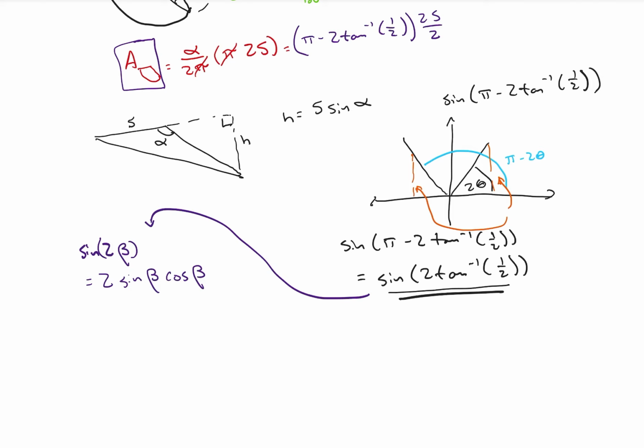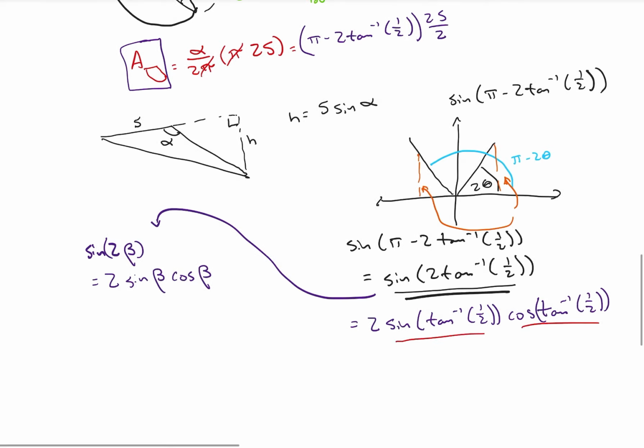So I can rewrite this expression here, since in this case beta would be arctangent of 1/2. This guy is going to be equal to 2 sine of arctangent of 1/2 times cosine of arctangent of 1/2. Okay, so I have sine and cosine in here.